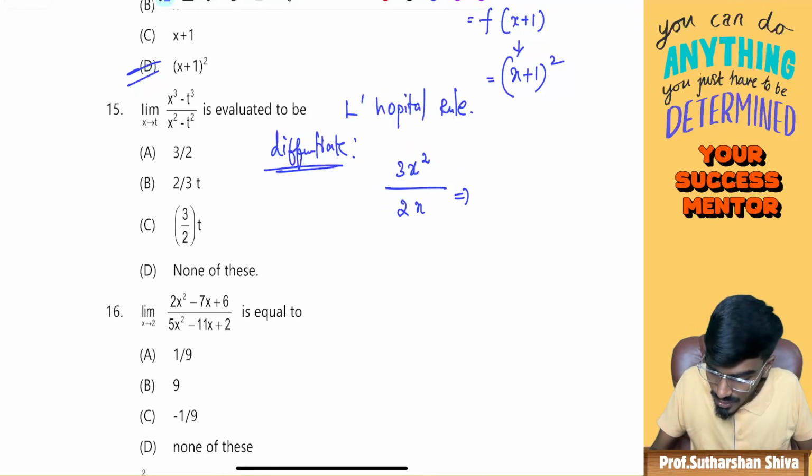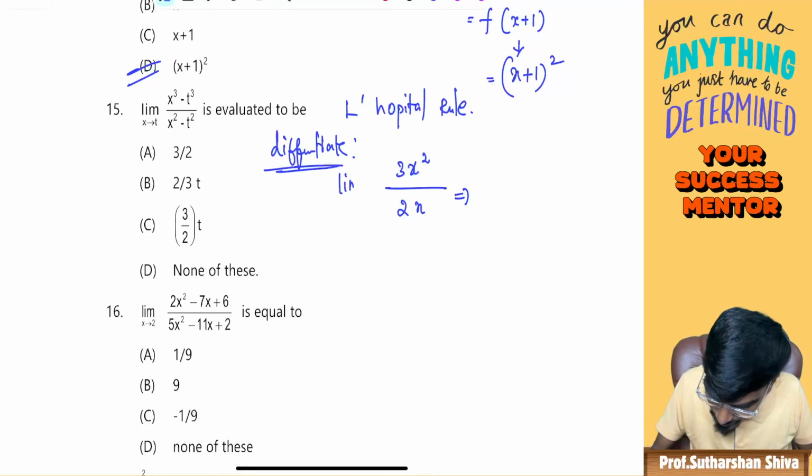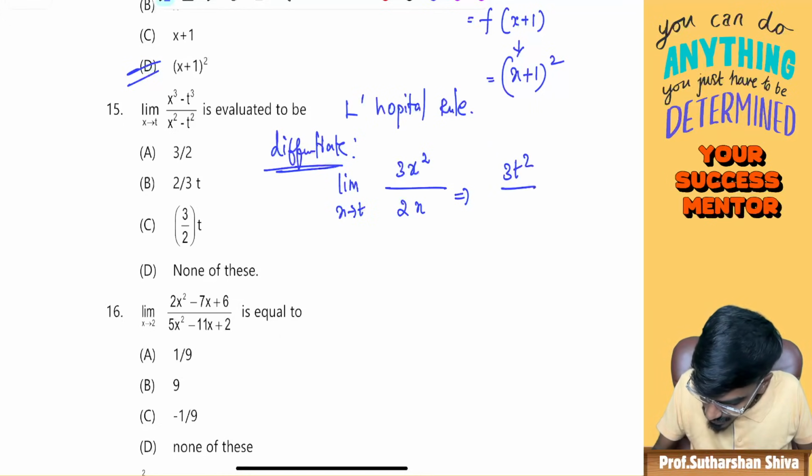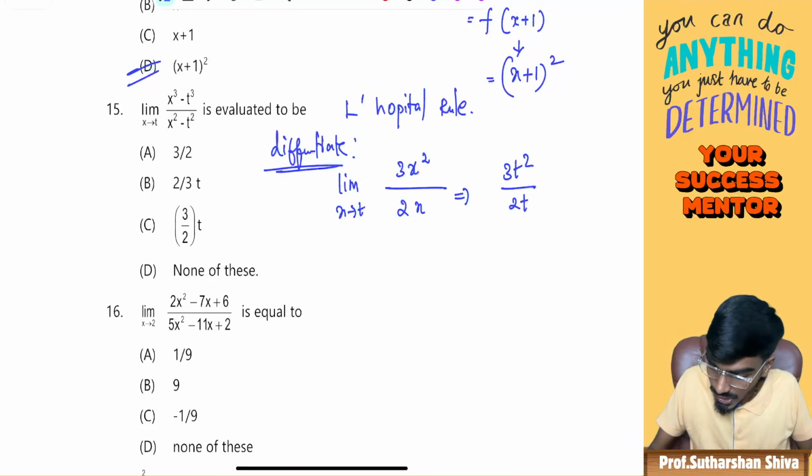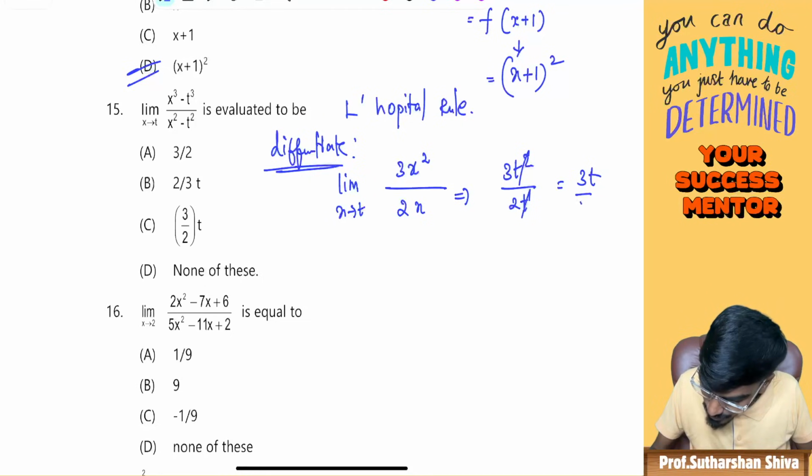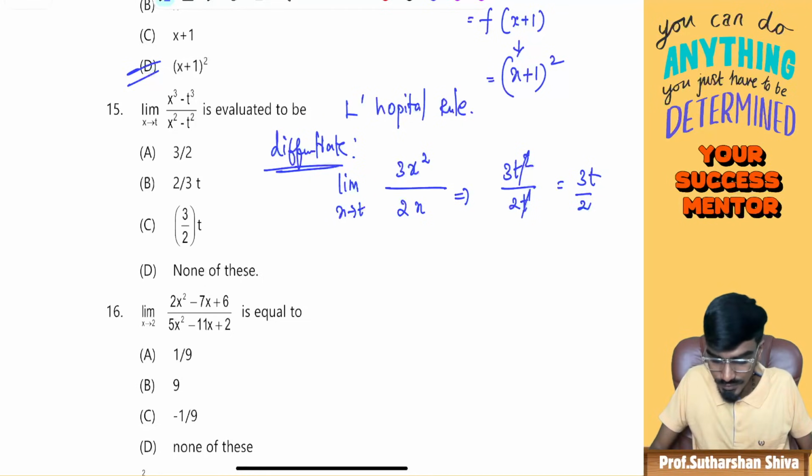Now substitute the value of t over here. It will become 3t square divided by 2t. T gets cancelled, so it becomes 3t divided by 2. 3 by 2t, option C.